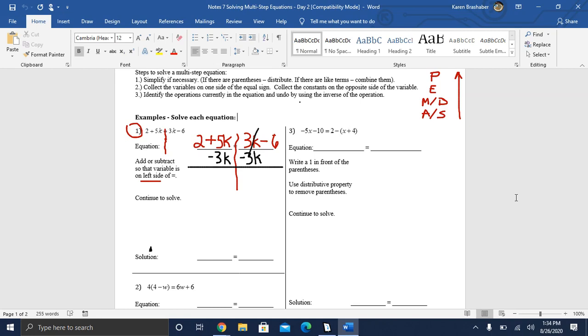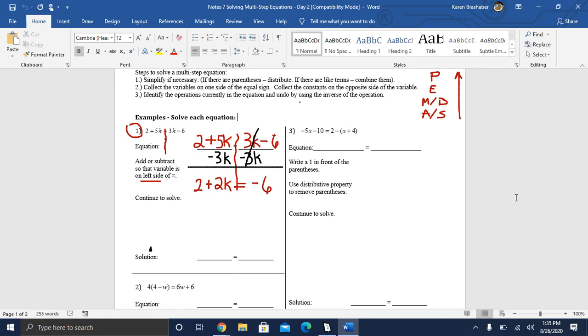And so this will zero out. And now I'll have 2 and then plus, now I have to do 5k minus 3k. That's going to give me 2k. I'll have my equal sign, and then I still have a negative with the 6.